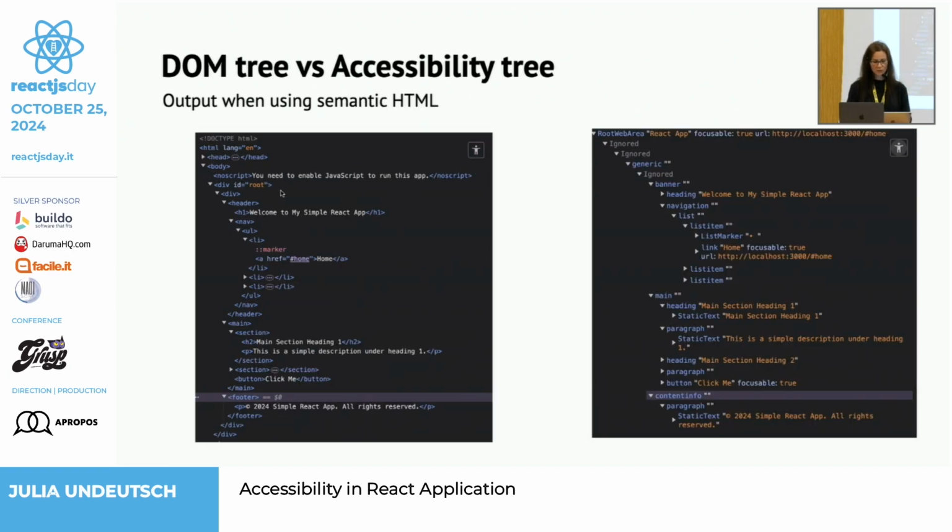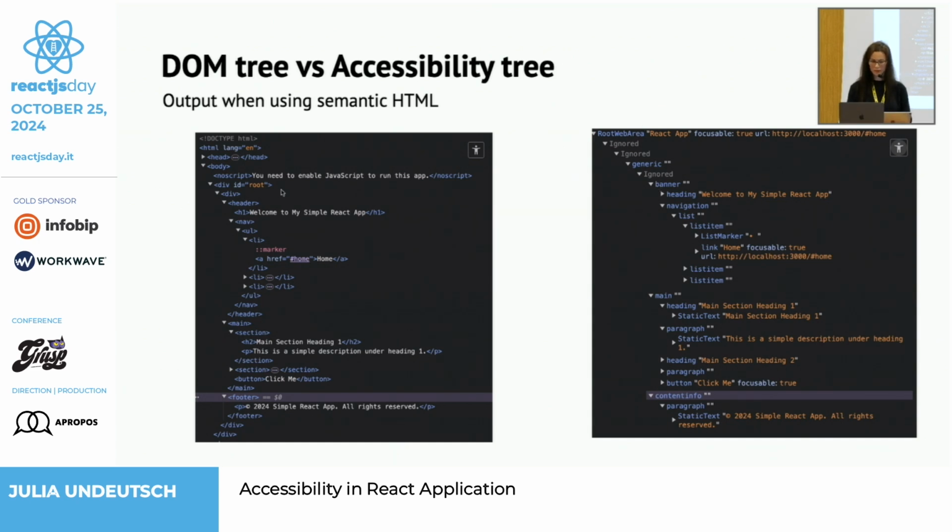But if you use semantic HTML, as I said, you use the header, the heading number 1, you use the navigation and the list and the sections. The accessibility tree also renders these and has their own name for it.